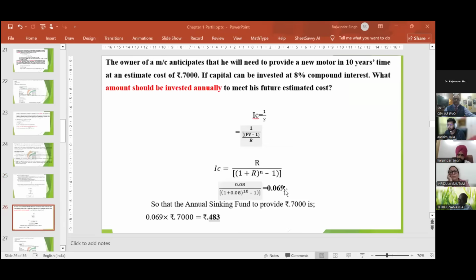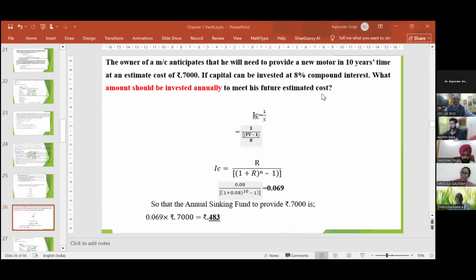So we will take an example. The owner of a machine anticipates that he will need to provide a new motor in 10 years' time at an estimated cost of 7,000. If the capital can be invested at 8% compound interest, what amount should be invested annually to meet the future estimated cost?